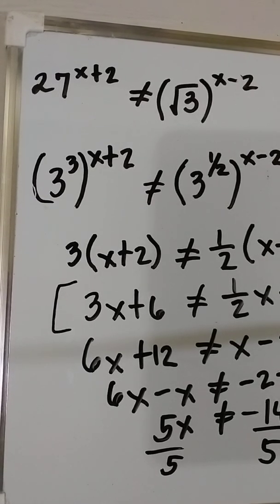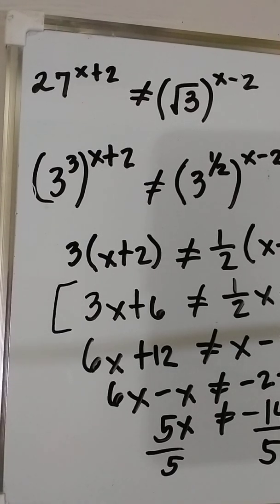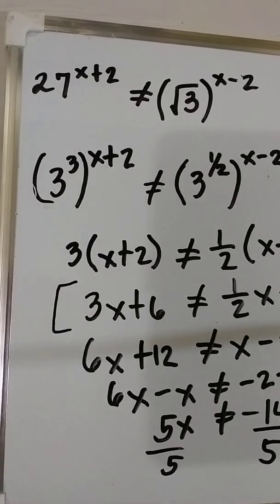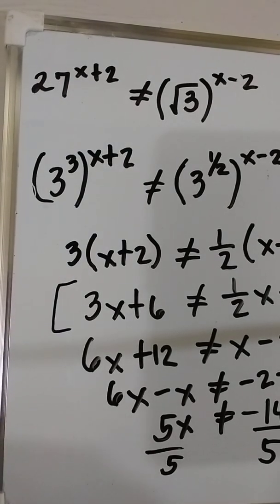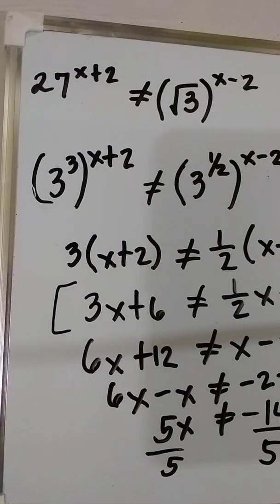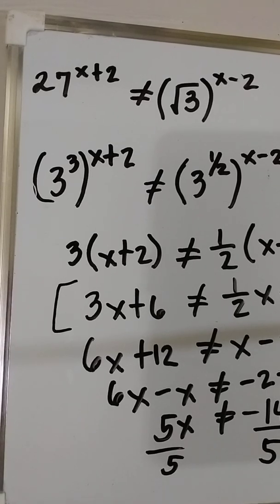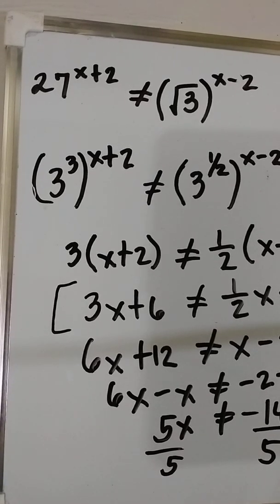Actually, you can use the steps, but hanggang step number 3 lang po tayo doon, kasi sa step number 4, we cannot test points. We cannot choose which part of the number line is included, because our inequality symbol is not equal to.